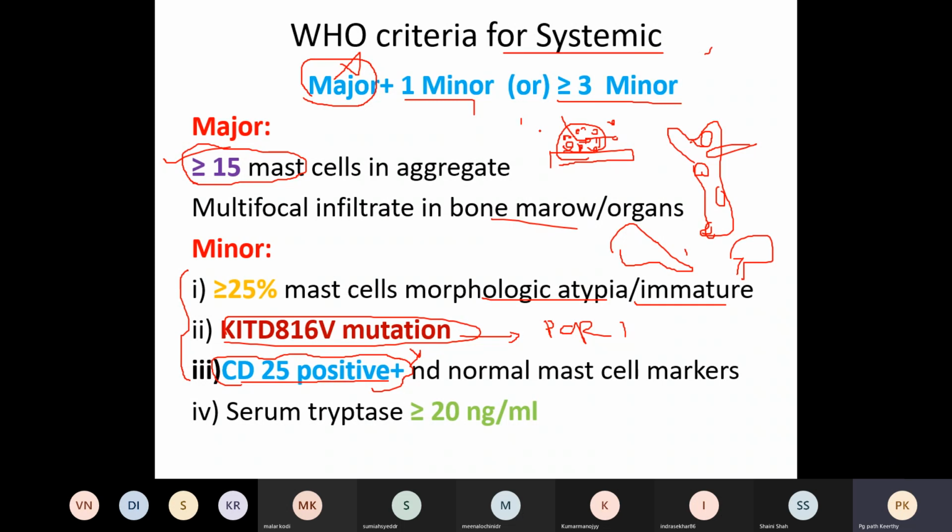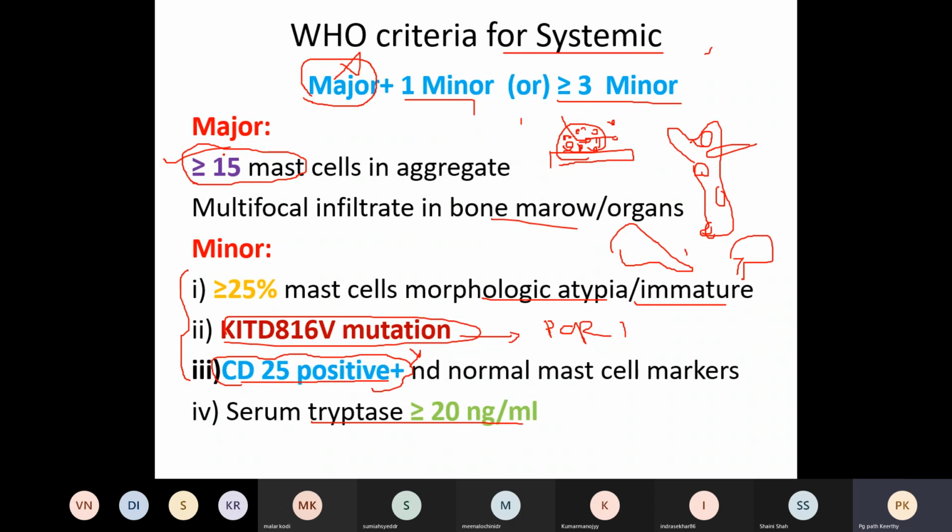And obviously proliferation of mast cells is happening, so serum tryptase level should be more than or equal to 20 nanogram per ml. This is very important because people with allergies like asthma also have mast cell proliferation.